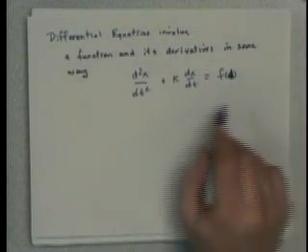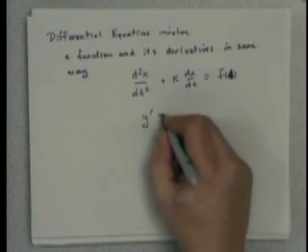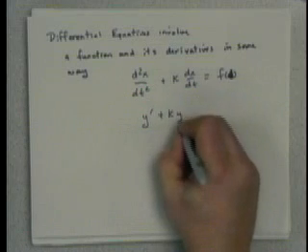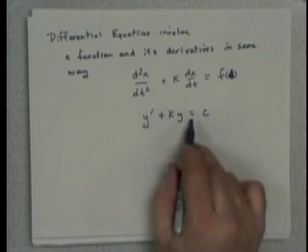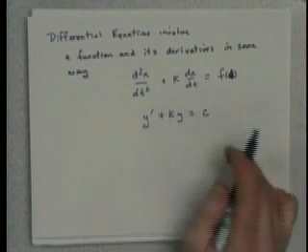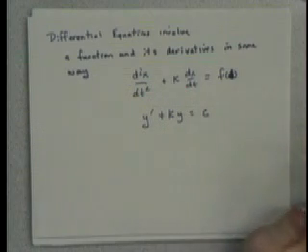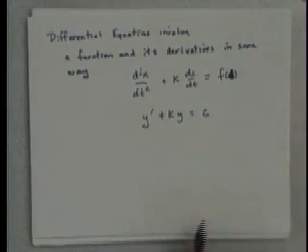This is just one example. There's lots of examples. Sometimes we'll write them like this. y prime plus ky equals c. If we use the prime notation, the implication is typically that the variable is t, but it could be x. A lot of it depends on how we're applying it.